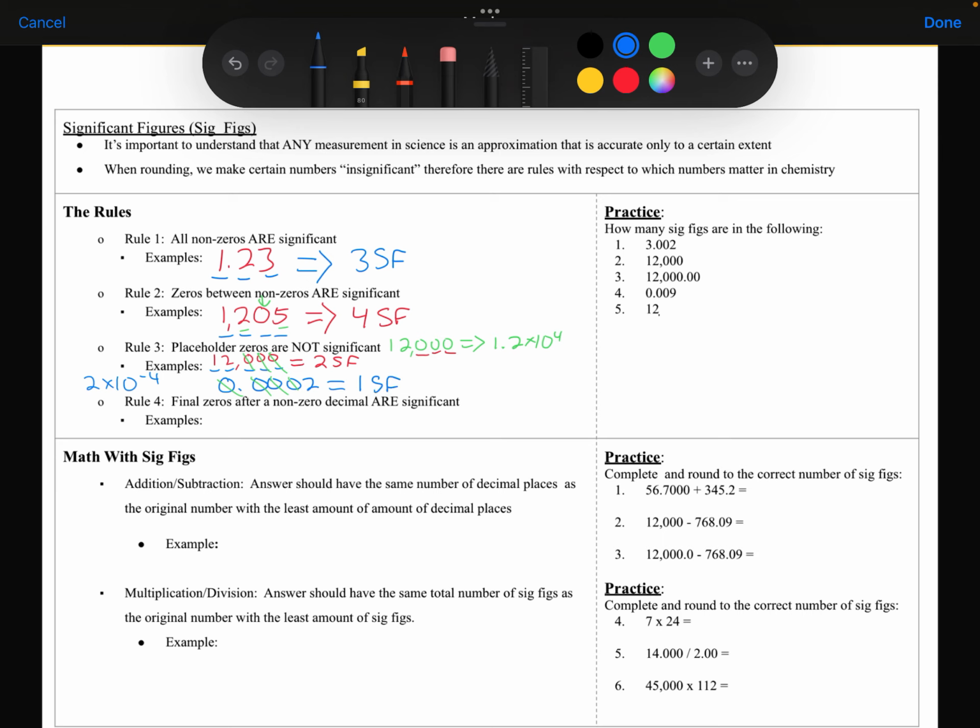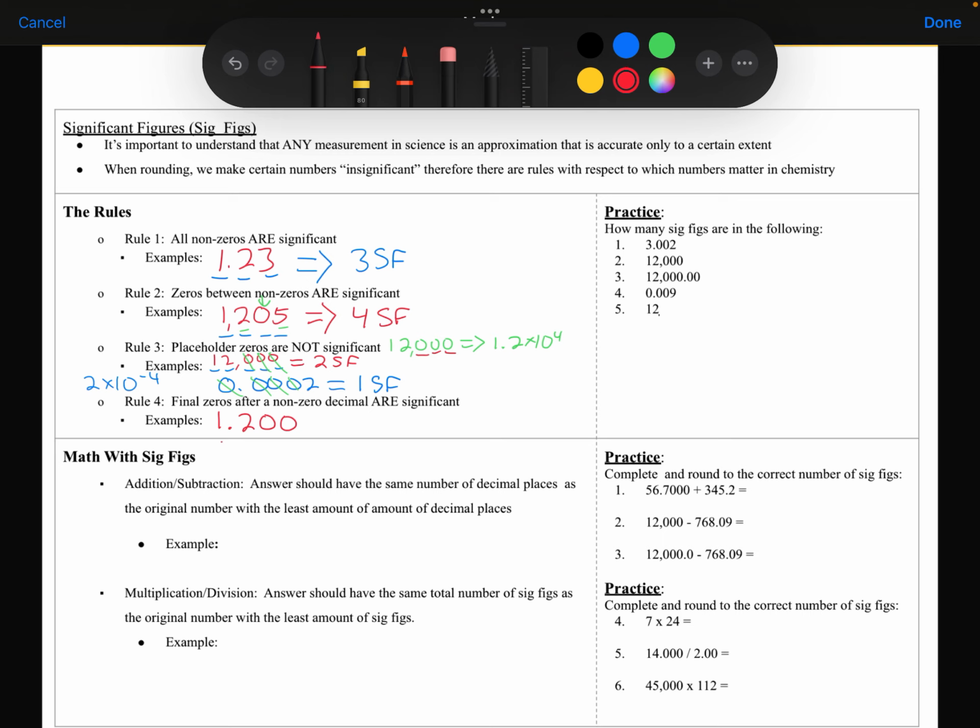All right? Our last rule is perhaps one of the hardest to understand, and it states that final zeros after a non-zero decimal are significant. Okay? So what I mean by that, take the number 1.200. Mathematically, if we look at that number, it doesn't seem like we need those zeros, right?